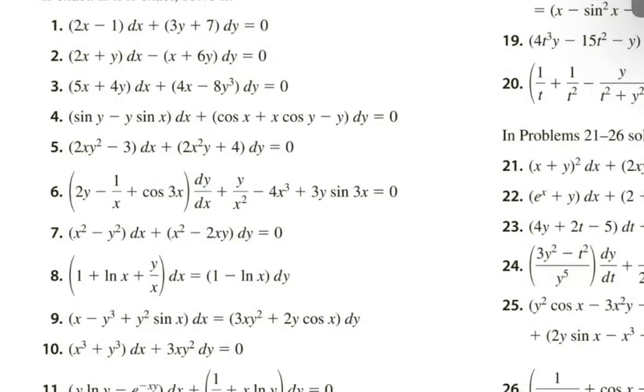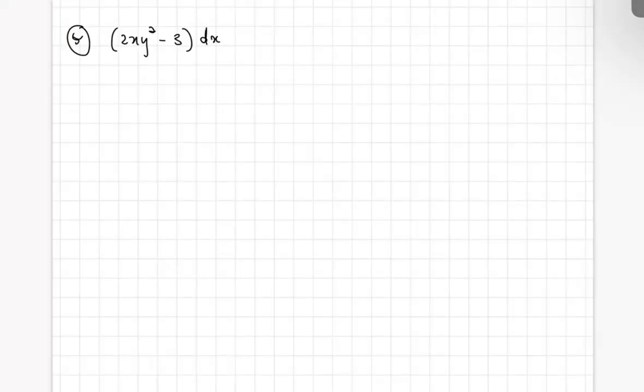2xy squared minus 3, with respect to x, plus 2x squared y plus 4, with respect to y, is equal to 0.